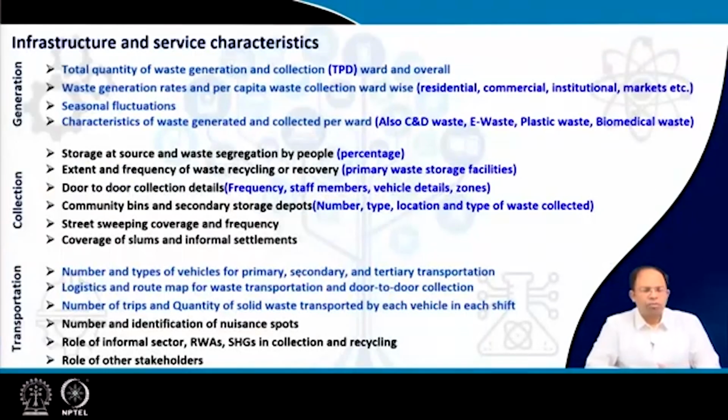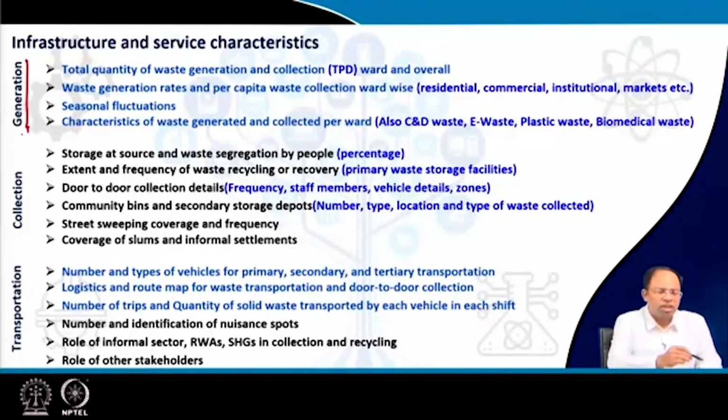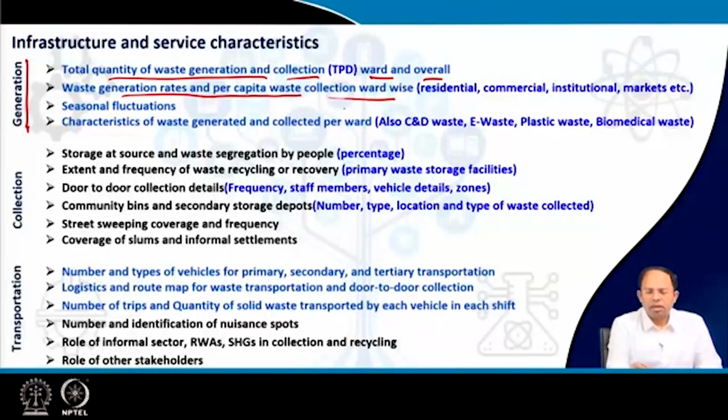And then coming to the detailed data on infrastructure, facilities, and service characteristics. These are the data related to waste generation, that is, the total quantity of waste generated and collected for each ward and the overall urban area, waste generation rates, per capita waste generation and per capita waste collection ward wise. This has to be done for residential households, commercial establishments, institutions, markets, and so on.